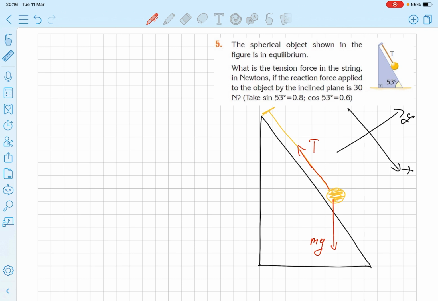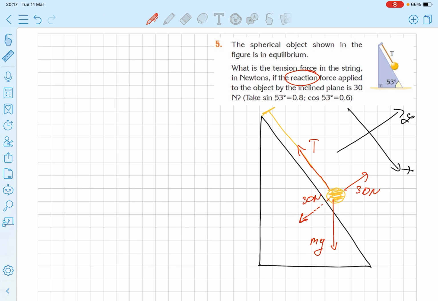And it says the reaction force applied to the object by the inclined plane. Look, reaction force meaning it's a normal force, which is applied from this surface. So the upward force is 30 newtons. So here, what do we do? That means this normal has its opposite force, which is pointing inwards in the opposite direction, which will have the same value firstly, which is 30 newtons.